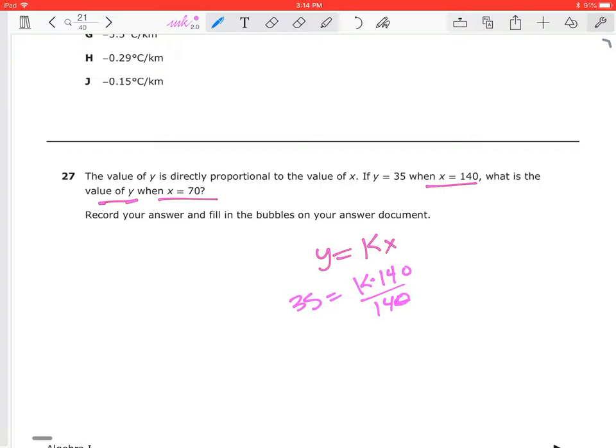Okay, in order to solve for K, I'm going to divide each side by 140. So K is equal to 1/4. So now my equation for any value of X and Y is going to be Y is equal to 1/4 X.